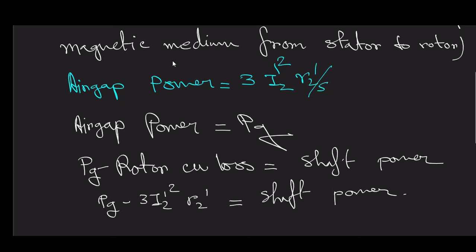So if we have a per phase circuit, a single phase equivalent circuit having rotor resistance R2 dash referred per phase, then again and again I am telling you, this equivalent circuit whatever I have drawn is only with respect to the stator side. It is not possible for me to figure it out from the rotor side, because the rotor is a mechanical part.